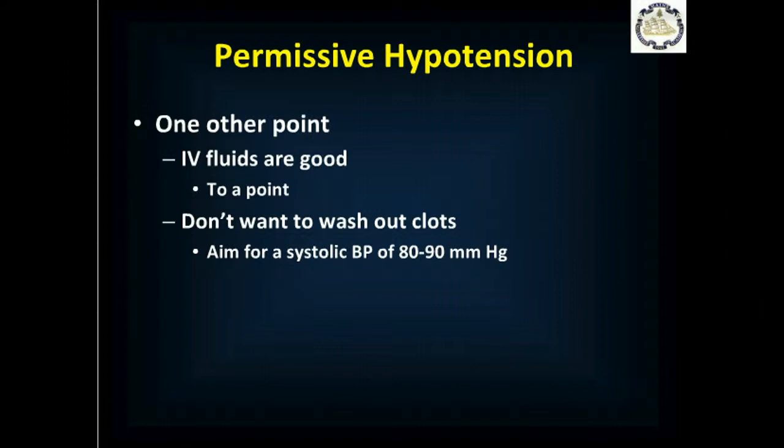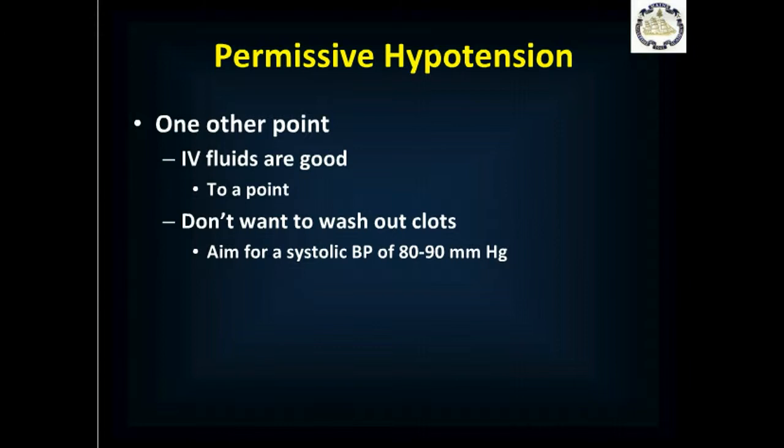We used to try to get patients' blood pressures up to the normal range, and what we found is they died at much higher rates. And the reason why is once we build up the pressure in the vascular system, we were just washing the clots right out. So now we do what's called permissive hypotension, and we aim to keep their systolic blood pressures at about 80 to 90 millimeters mercury.